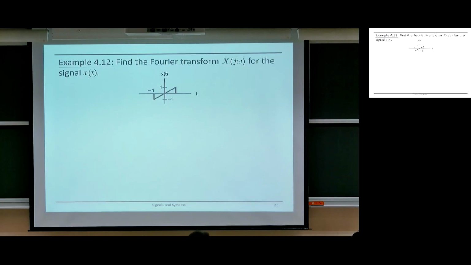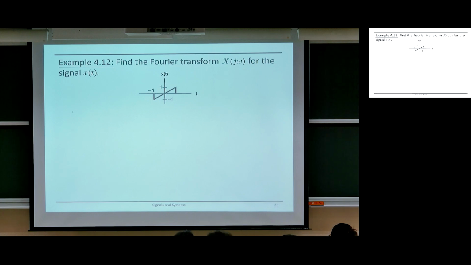So in this example here, we're asked to find the Fourier transform of the signal x of t that looks something like this. Now suppose this x of t looks a little bit odd, but if you take the derivative of x of t, then it gives us something more familiar.